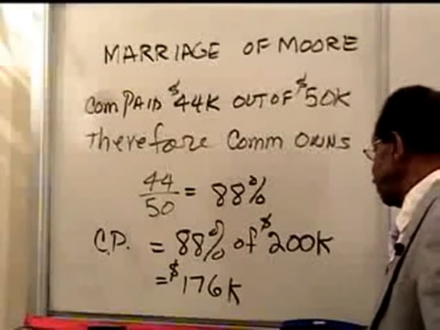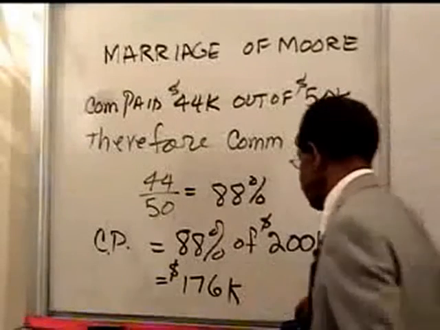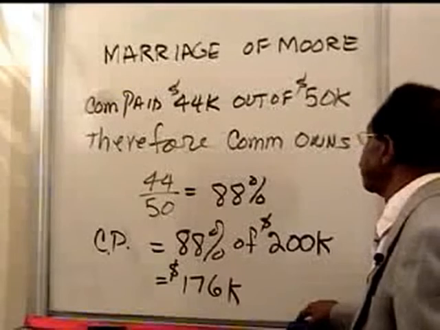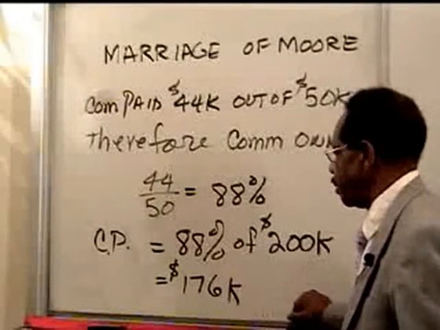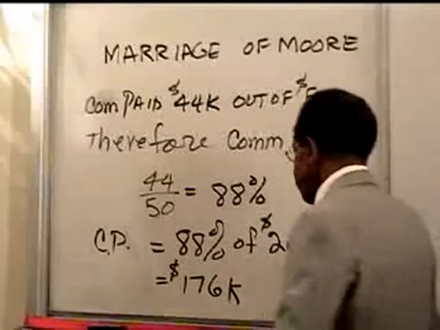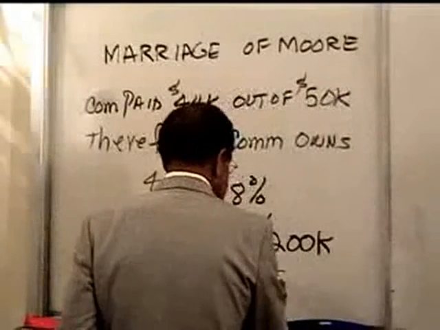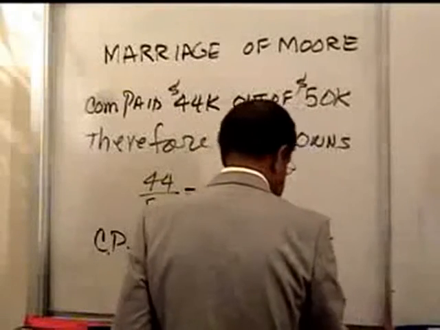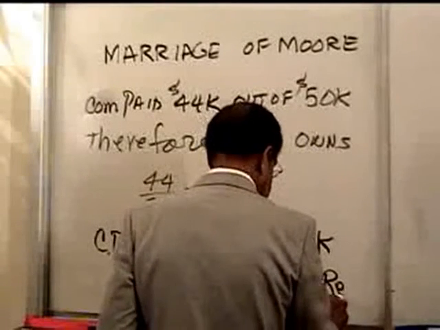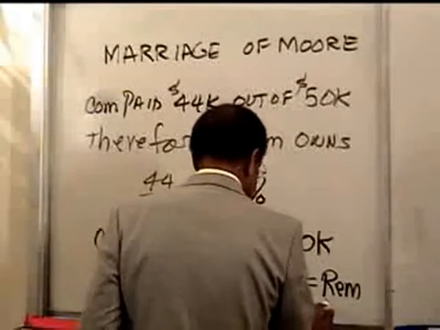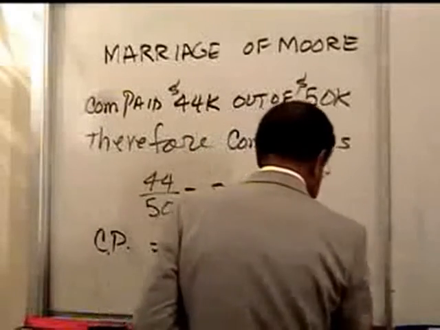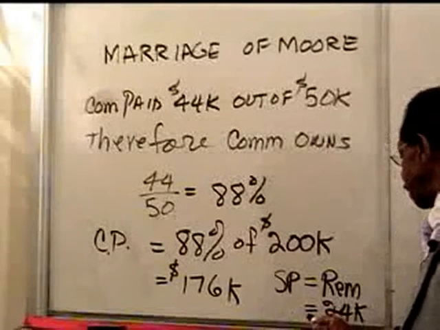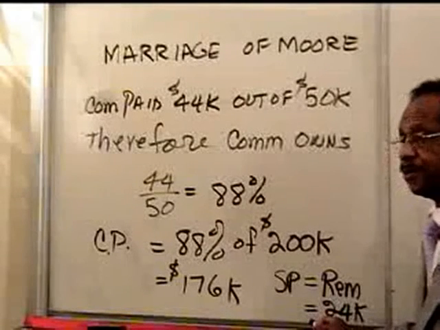The rest of it, what's missing here, about 24,000, that 24,000 belongs to his SP. But you can just say SP owns the remainder. And that happens to be 24,000. But you don't have to calculate that.